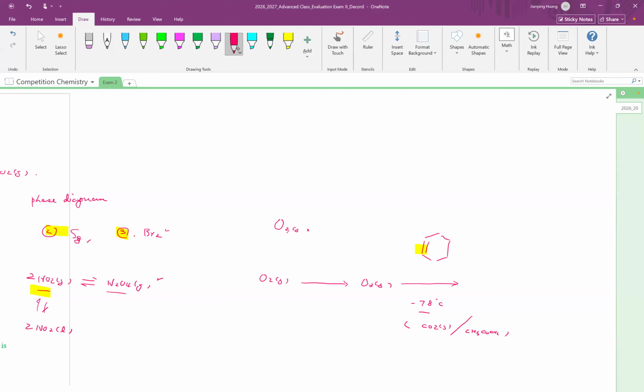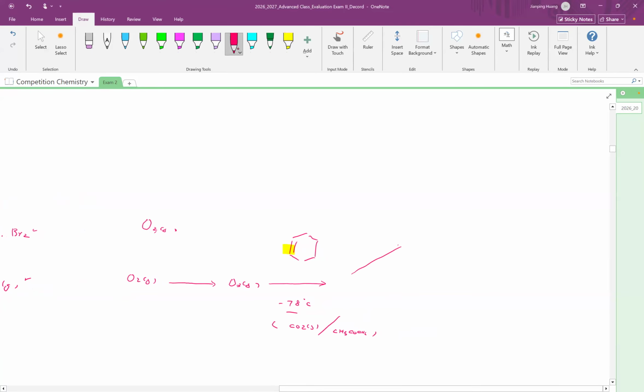Right? Now, depending on the condition, class, if under a reduced environment, such as, you basically get aldehyde. If no reduced environment, you go all the way to the acid.